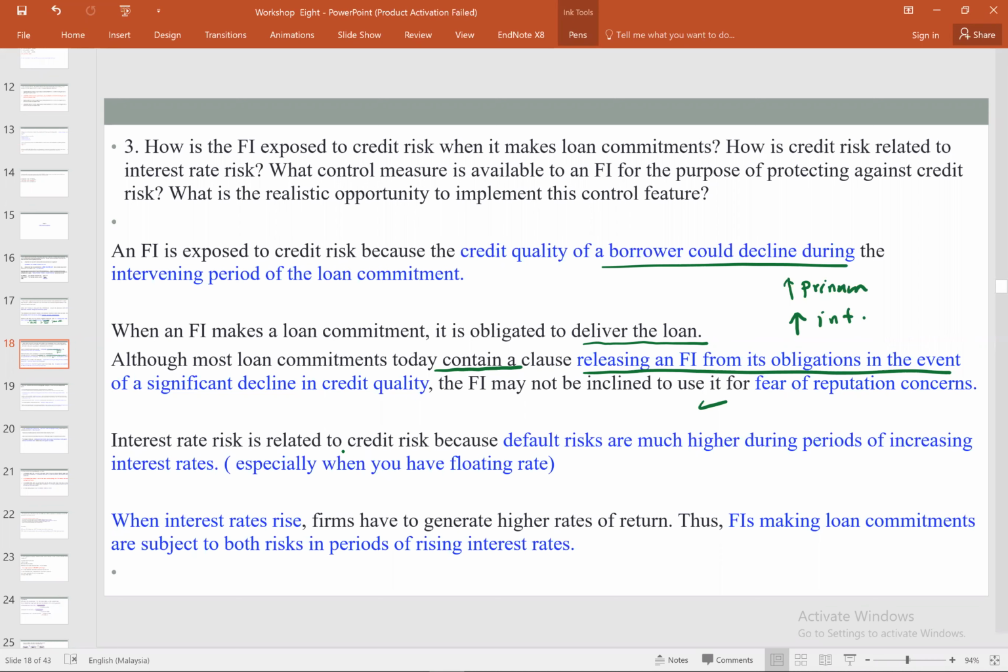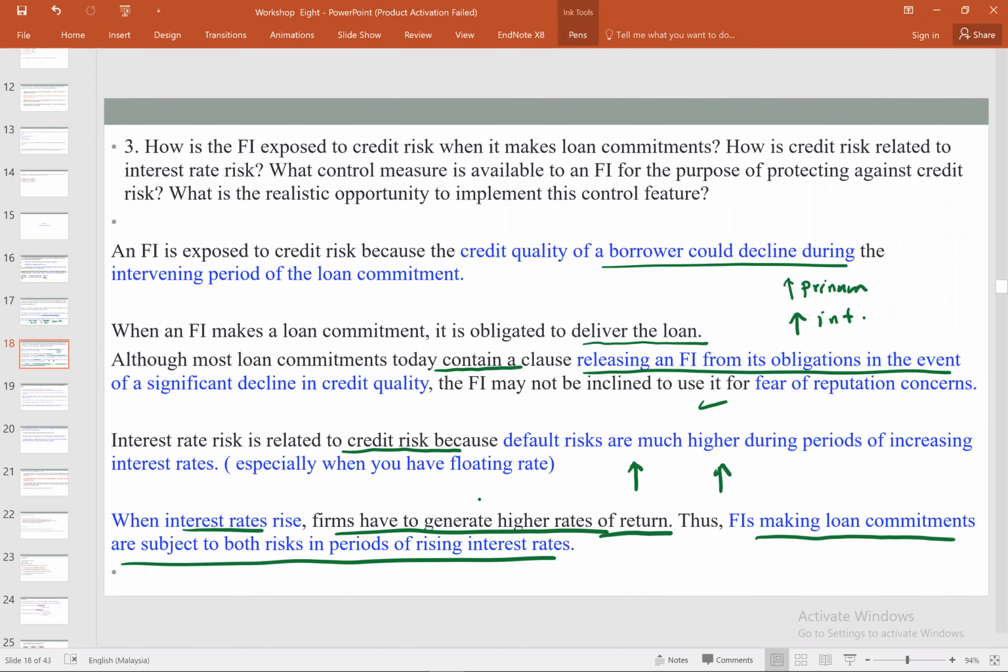Now, interest rate risk is also related to credit risk, because when interest rate increases, there are two issues. The customer itself will have to increase the cost, and they will have to increase the price of their products.